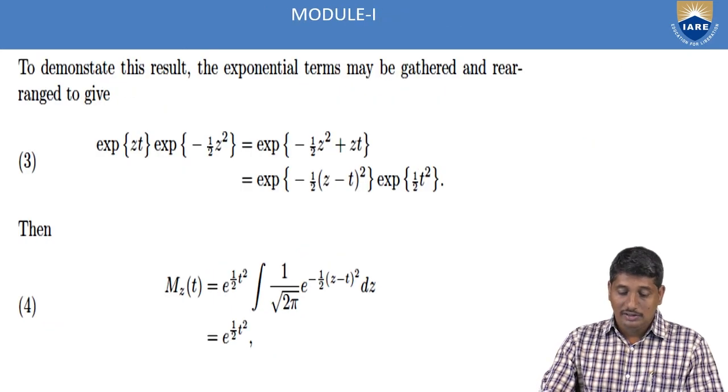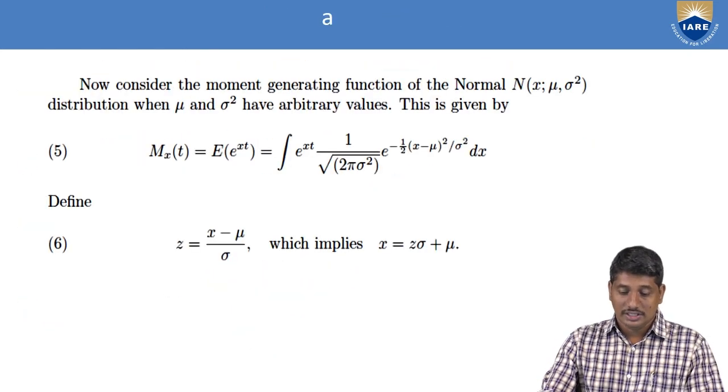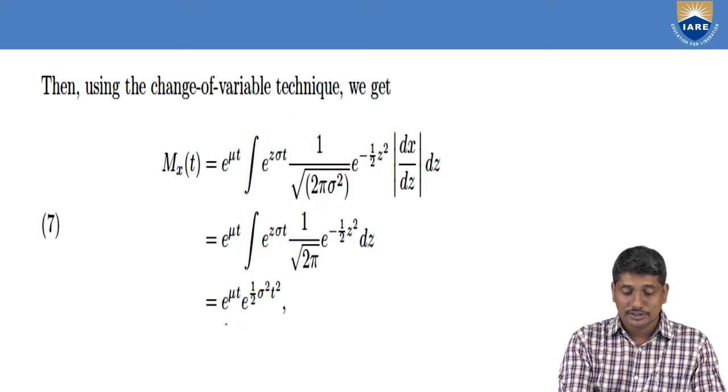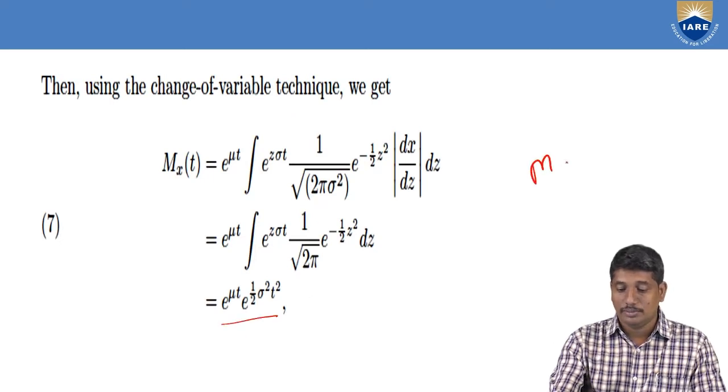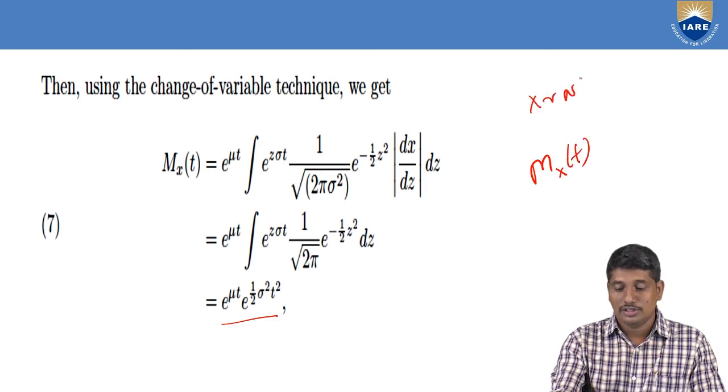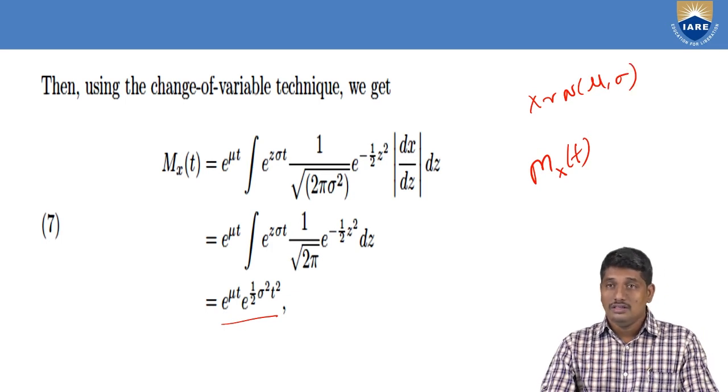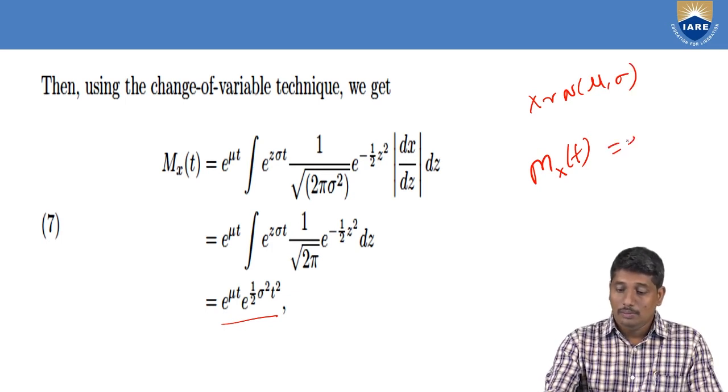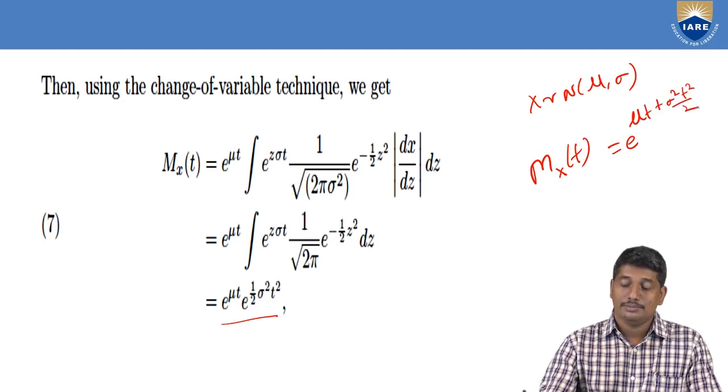Also, we can see that the moment generating function of a normal distribution, where x follows normal with mu comma sigma, is given by e power mu t plus sigma square t square by 2.